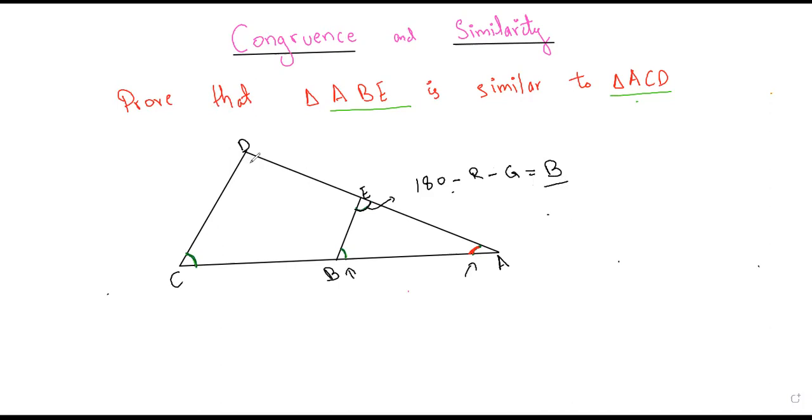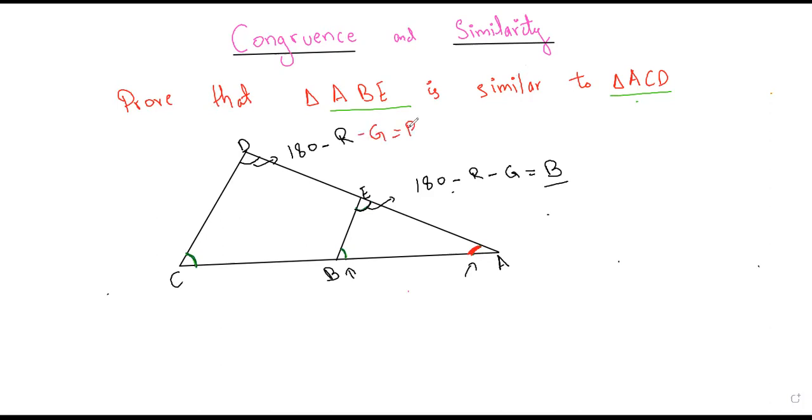And what about this angle? We have a similar thing for this one: I will again do 180 minus the red angle, because this red angle is the third angle of the triangle CAD or ACD, whatever you call it. And then minus the green one.